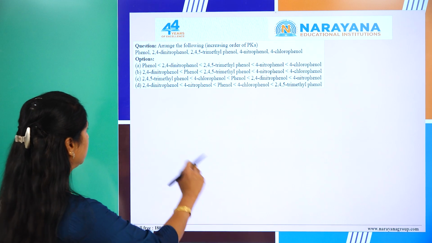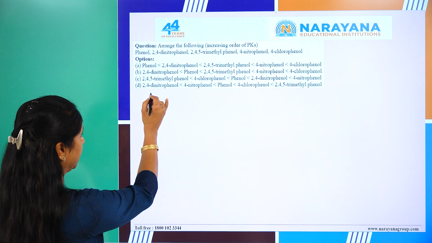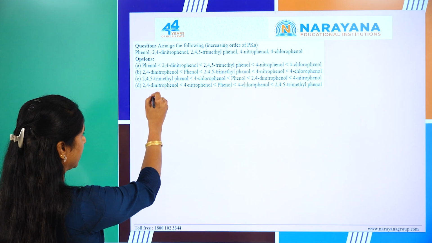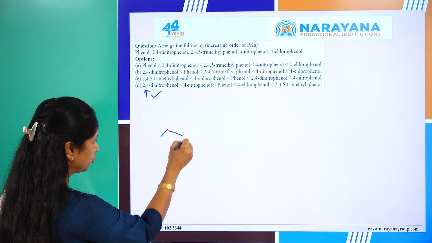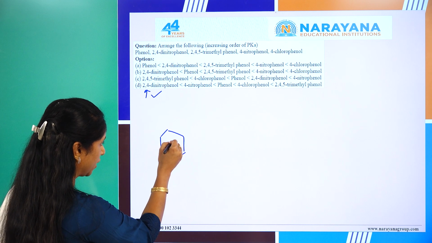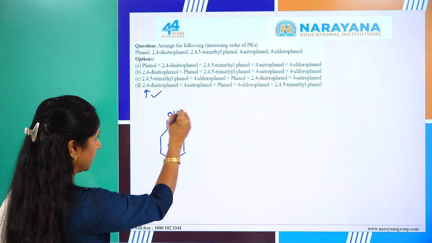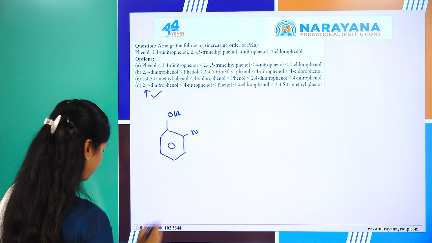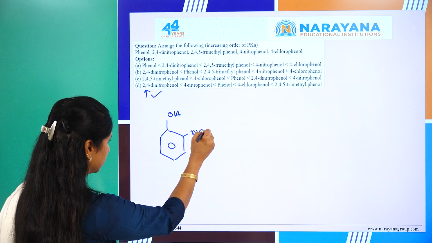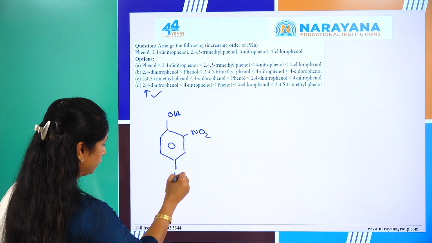So observe here, if I am taking 2,4-dinitrophenol from option D, there is a presence of 2 strong electron withdrawing groups at ortho and para positions, which are increasing the acidic strength of phenols.